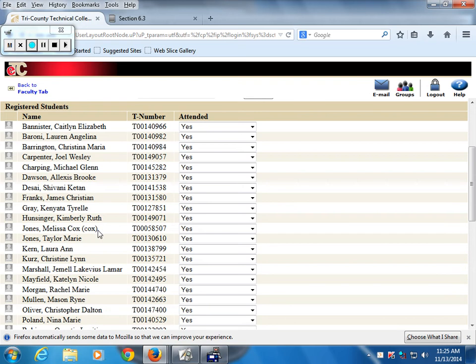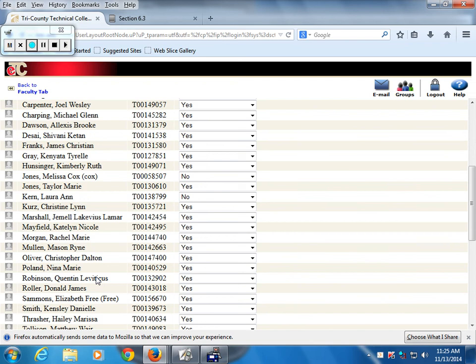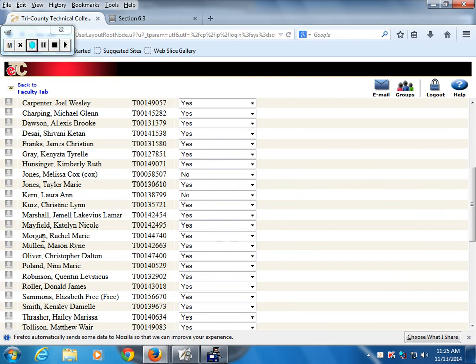Melissa or Taylor? Taylor's here. Marshall, Mayfield, Morgan is here. Right, Morgan? Late. Mullen. Oliver is here. Poland is not here.